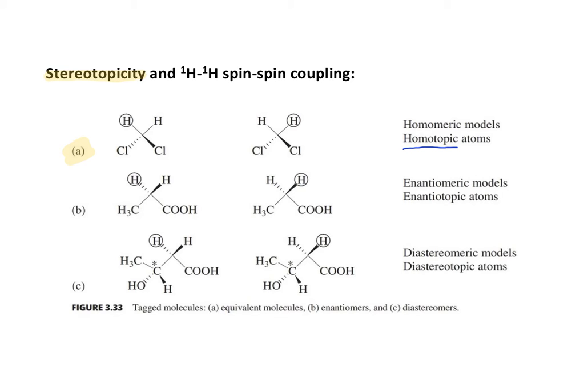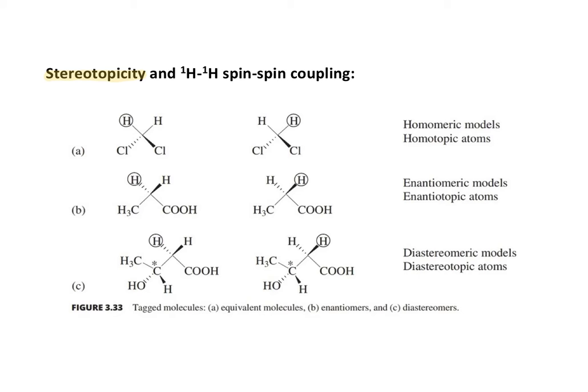Even if we substitute one of the hydrogens with some other atom, we have not generated a chiral compound, since the two chlorines are identical. NMR spectroscopy does not distinguish between homotopic atoms.